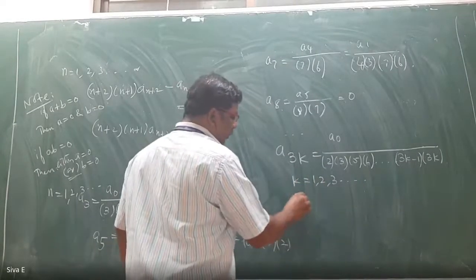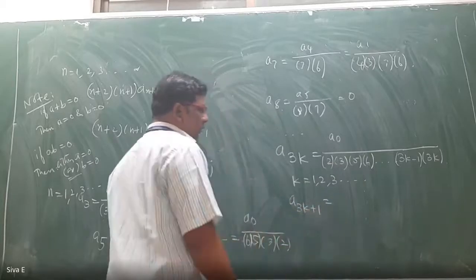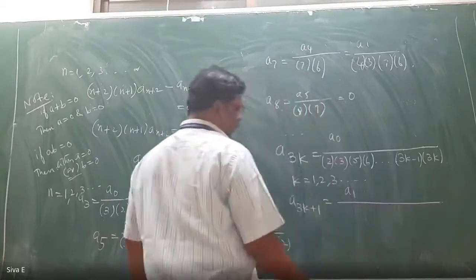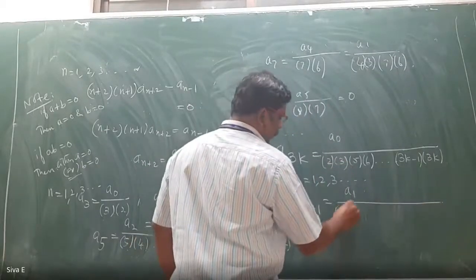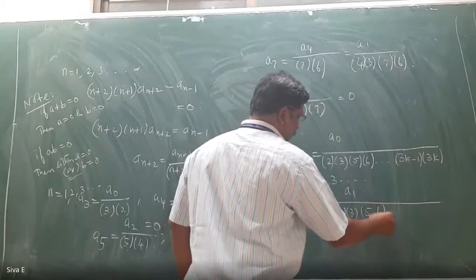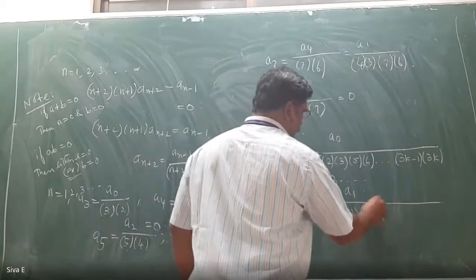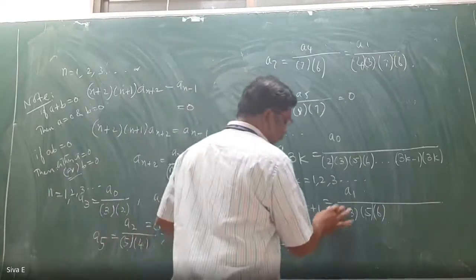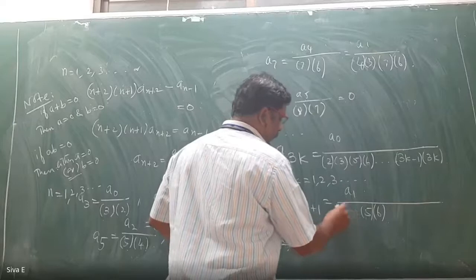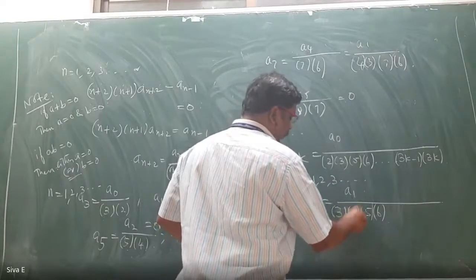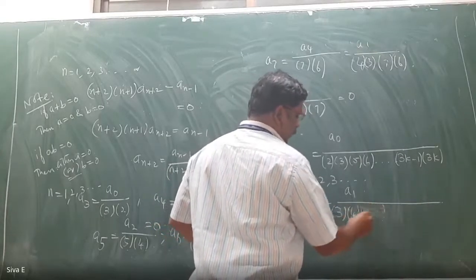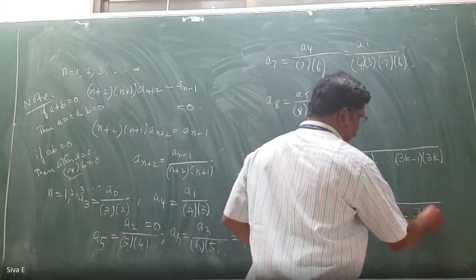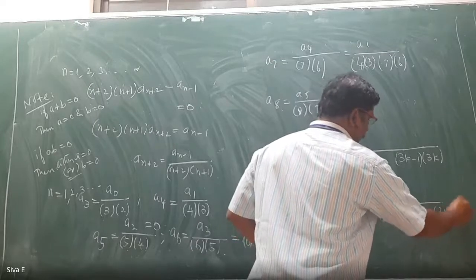Similarly, a3k plus 1. Wherever k is there, you can substitute that. a3k plus 1 equal to a1 by 3 into 4, 6 into 7, etc., up to 3k into (3k plus 1).